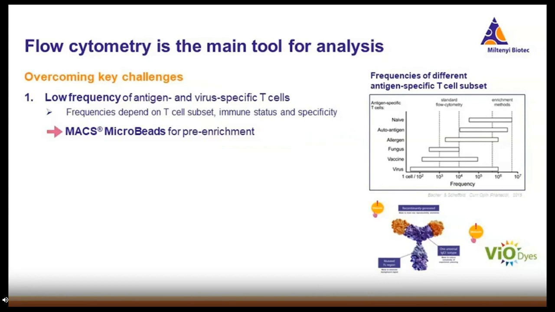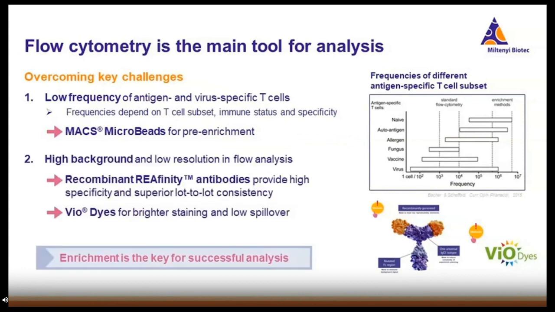And here you can use our MicroBeads for pre-enrichment. Moreover, to keep this background staining at an absolute minimum and enable a high resolution, you can use our specific labeling reagents coupled to very bright fluorophores. And here our recombinant REAffinity antibodies really provide high specificity, purity, and lot-to-lot consistency.